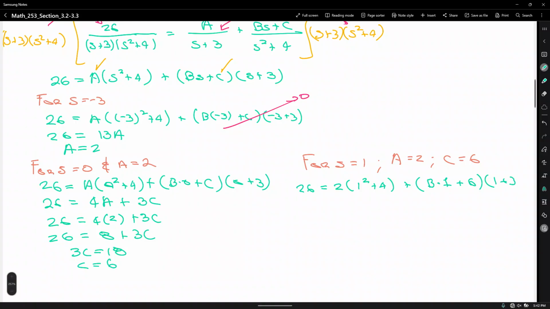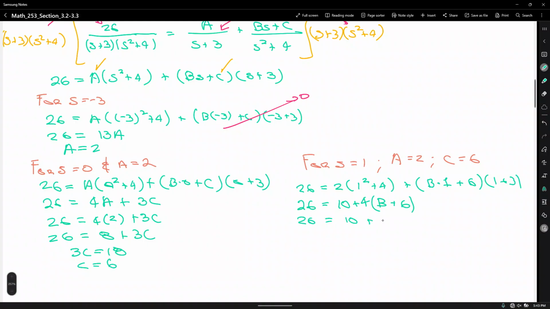With this, we should be able to get the value for b. So 26 equals 4 plus 1, which is 5, times 2, which is 10, and b times 1, which is b, plus 6, that times 1 plus 3. But what's 1 plus 3? Isn't that 4?